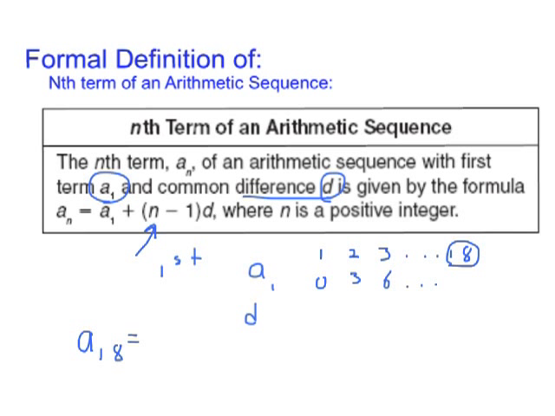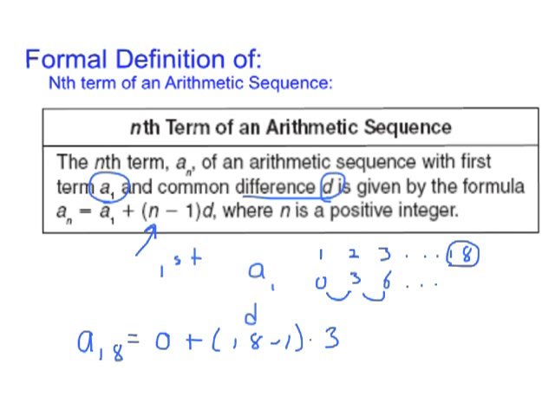What was the first term? Well, it was 0, plus 18 minus 1. And what was the common difference between each of these? Well, we found it to be 3. So you times that by 3. That gives you a little idea. Now, when you simplify that, it will give you what the 18th term is. So that explains the parts of this formula.